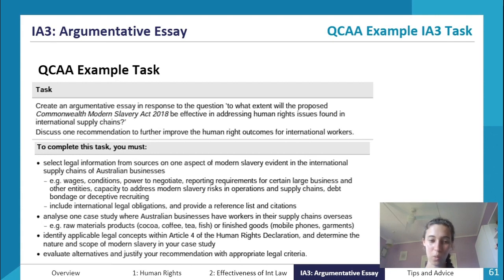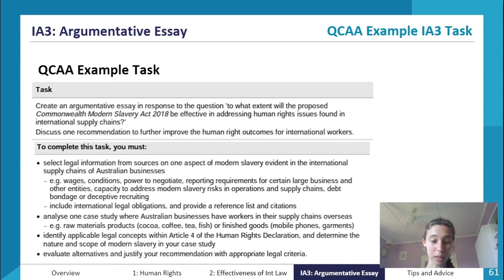So concentrating on one thing for your task. Analyzing one case study where Australian businesses have workers in supply chains overseas. So this is a research related task as well, with looking at finding examples to include.